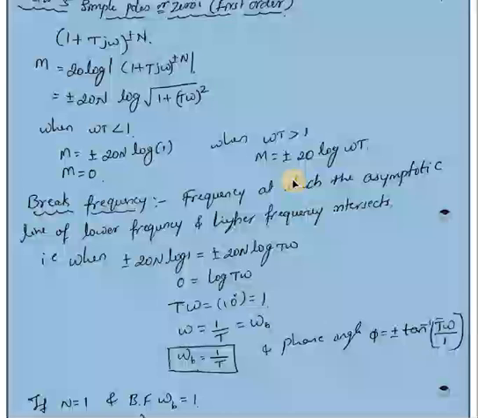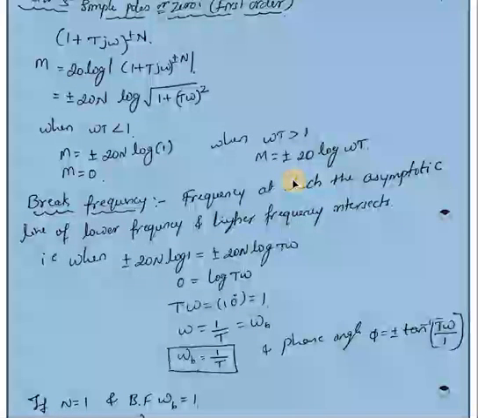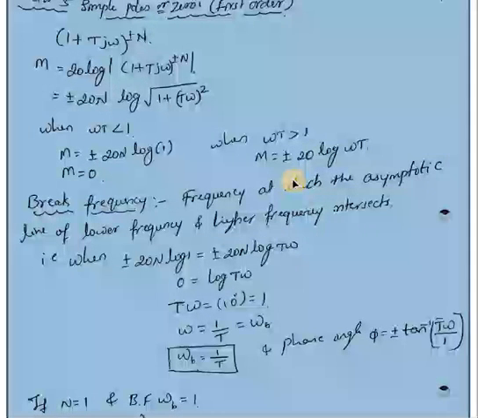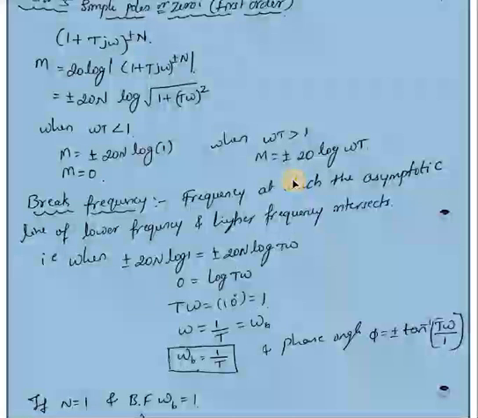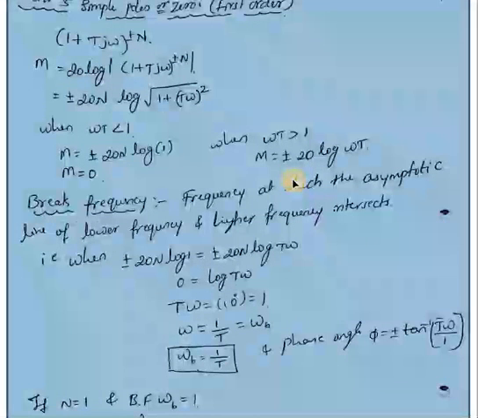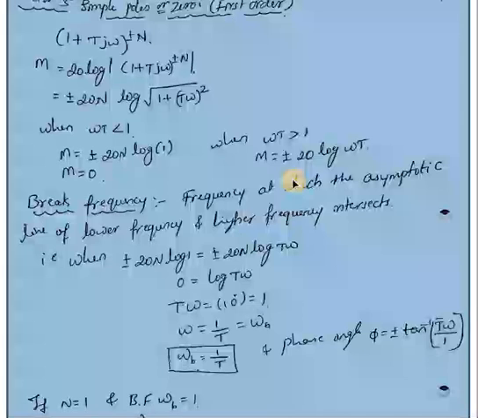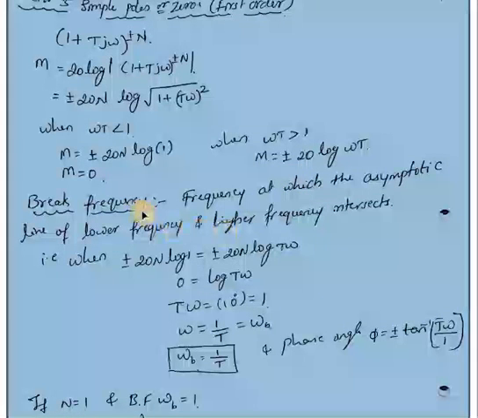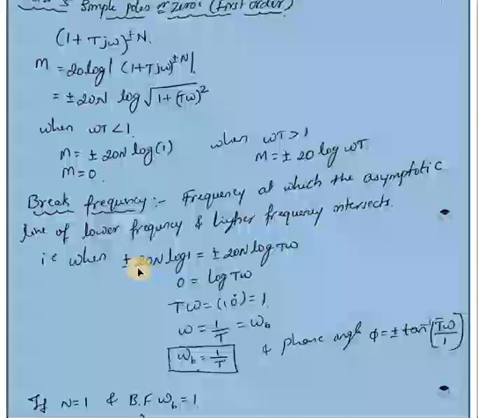Such an intersection takes place when 20 log omega T is equal to 0 dB, that is, omega T equal to 1. So this is the frequency at which the change of slope from 0 dB to minus 20 dB per decade occurs. It is called the break frequency, or in some of the books it is called the corner frequency. That is when omega equals 1 by T.